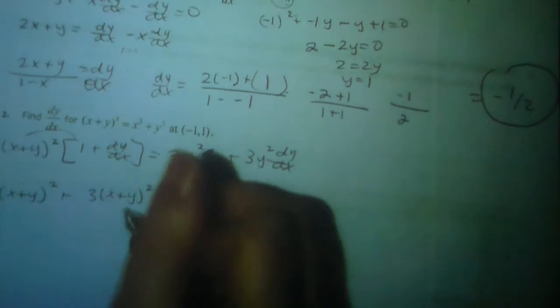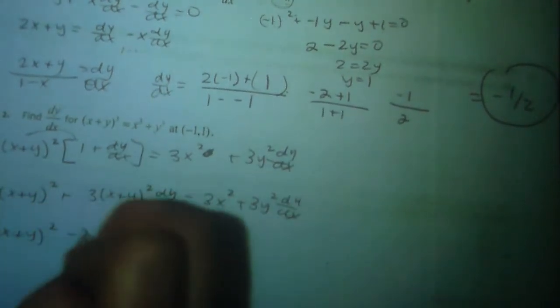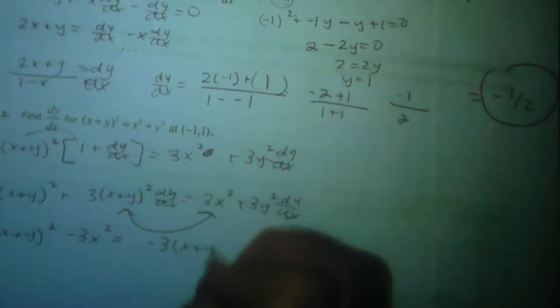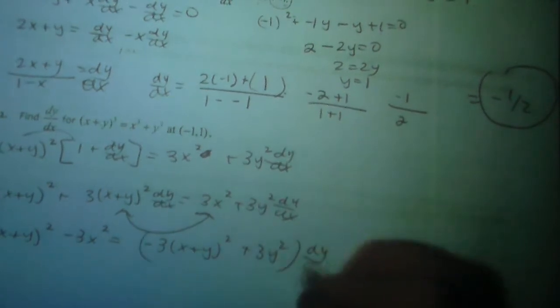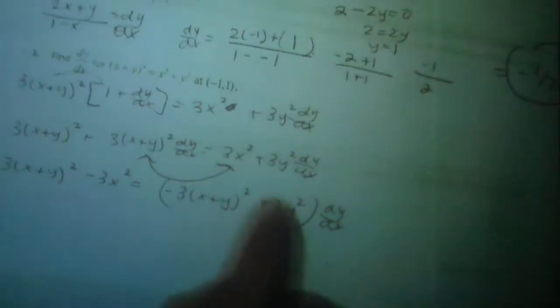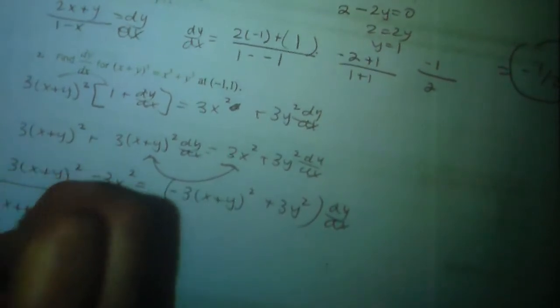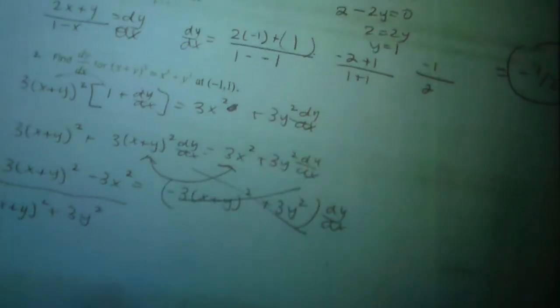I'm going to switch these, so this becomes 3x plus y squared minus 3x squared equals negative 3x plus y squared plus 3y squared, and both of these have a dy dx, which is why I can then just divide this entire term over, plus 3y squared, and that's what dy dx is.